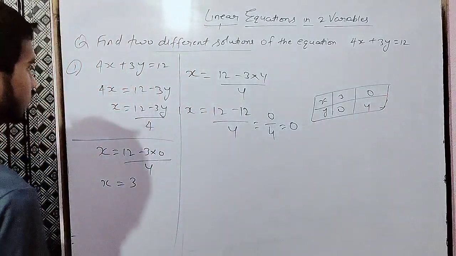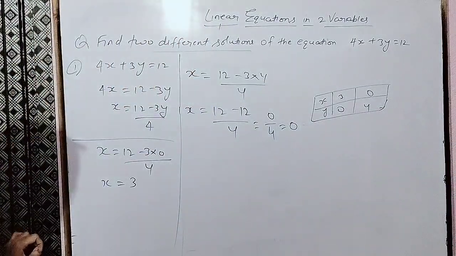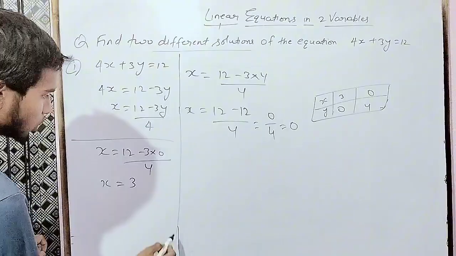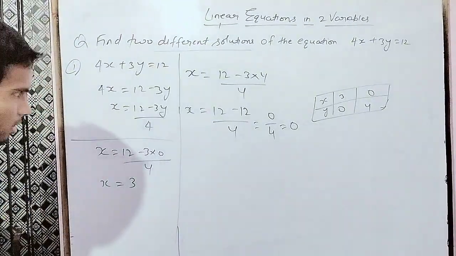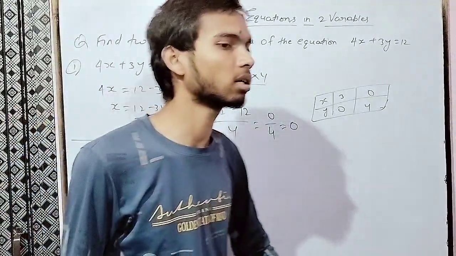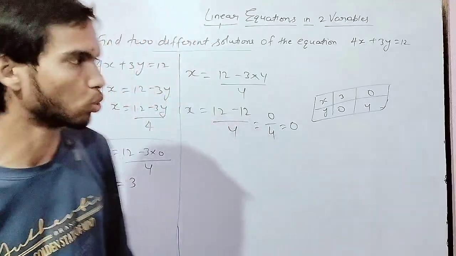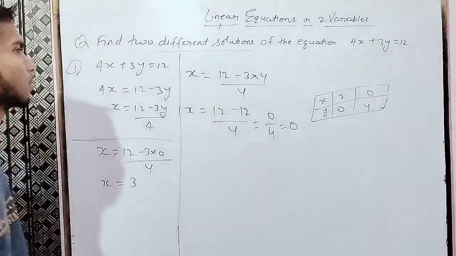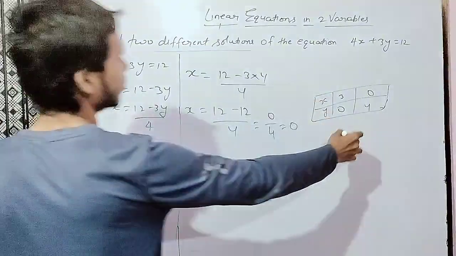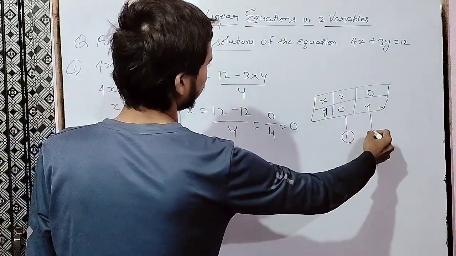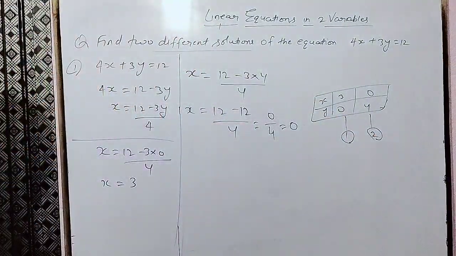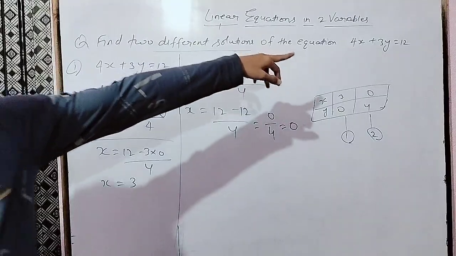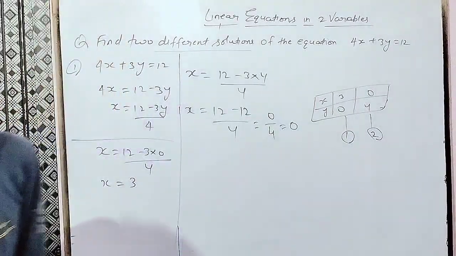So if you don't want to take a fraction, then you can take the next number to find a simple number. So we have found two different solutions of the given linear equation.